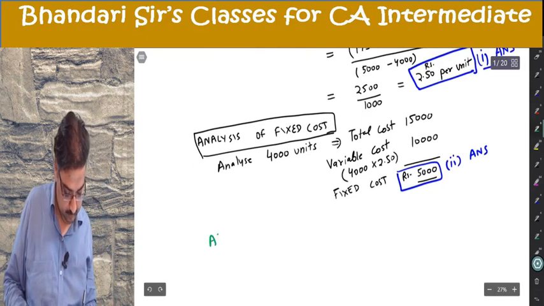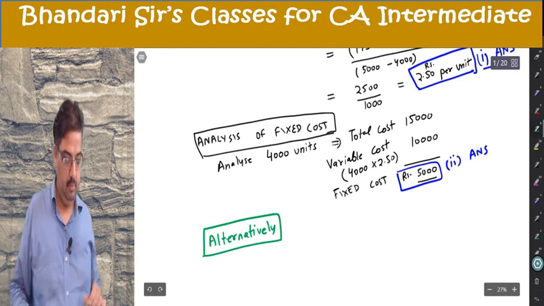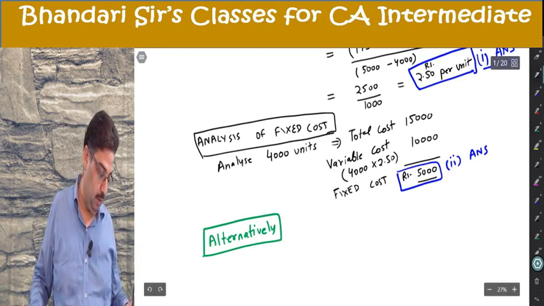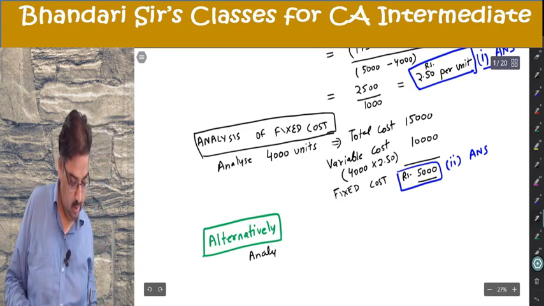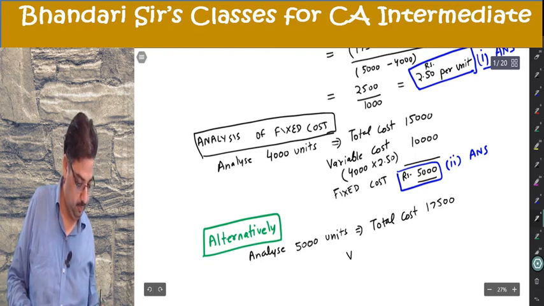Alternatively, in exam, do any one of them, but I am doing it both ways. Alternatively, analyze 5,000 units. Total cost we computed was 17,500.